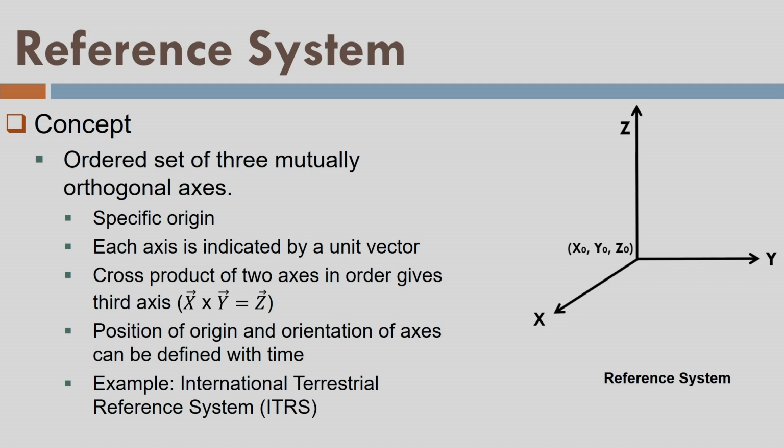Let us see that there is a reference system which is rotating with the Earth and that is attached to the Earth. Because of that attachment, it is also rotating with the Earth with the same speed the way other points are rotating. That means there are 2 points which are rotating with some speed because of the Earth rotation. At the same speed, the reference system which is attached to the Earth is also rotating.